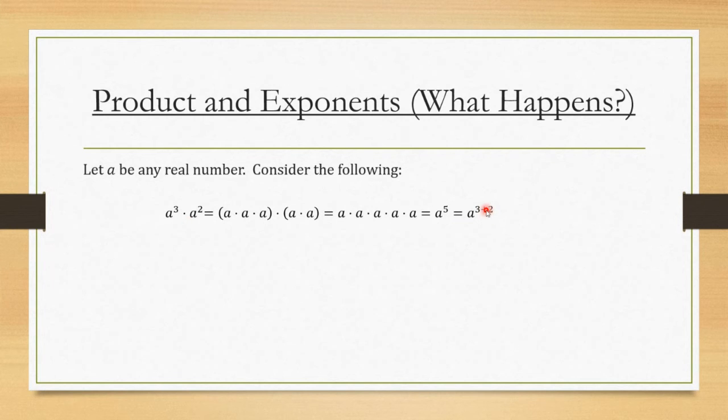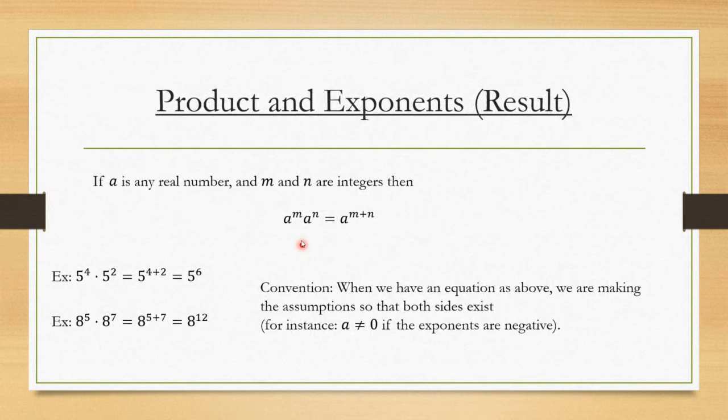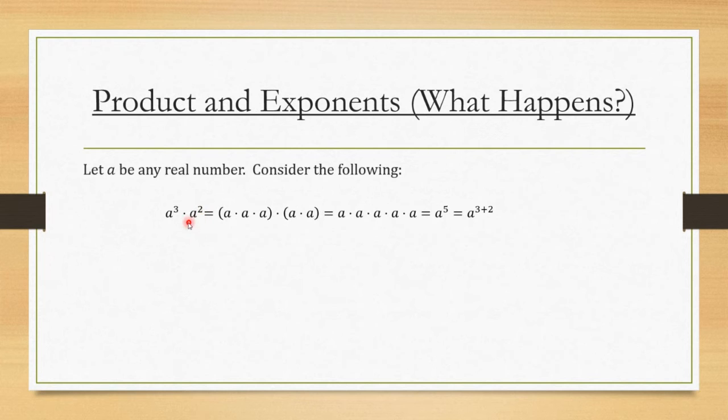Now, I know that's not a proof, but hopefully it helps you see this rule: if a is any real number and m and n are integers, then a to the m times a to the n is a to the m plus n. When you multiply like bases, you add the exponents. That's really what I'm trying to show. Like bases, what do you do to the exponents? Well, in the end, we just added them.